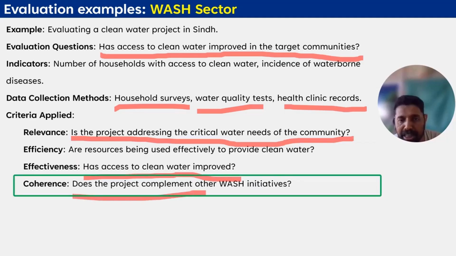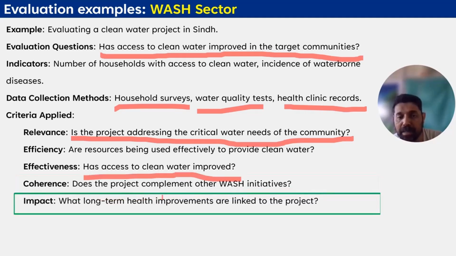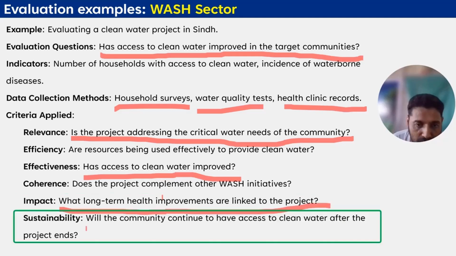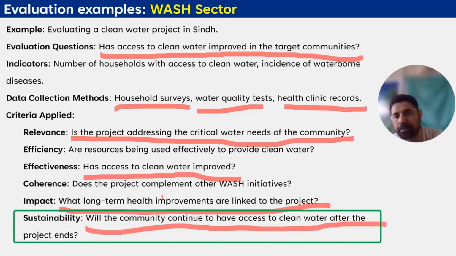Coherence: does the project intervention complement other WASH initiatives in that area, of other NGOs or government? Similarly, impact: what long-term health improvements are linked to the project? And for sustainability: will the community continue to have access to clean water after the project ends?